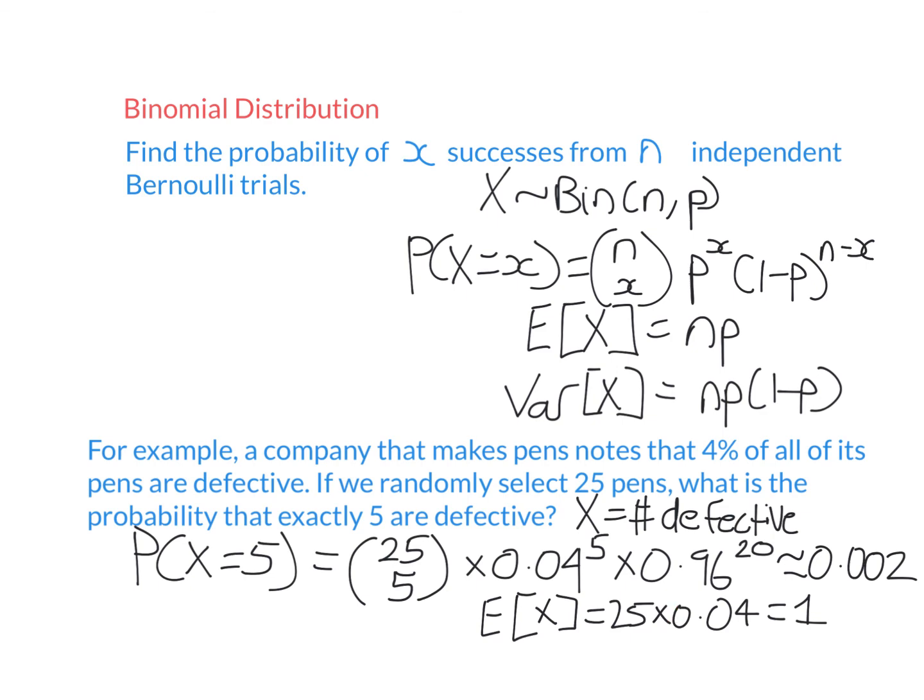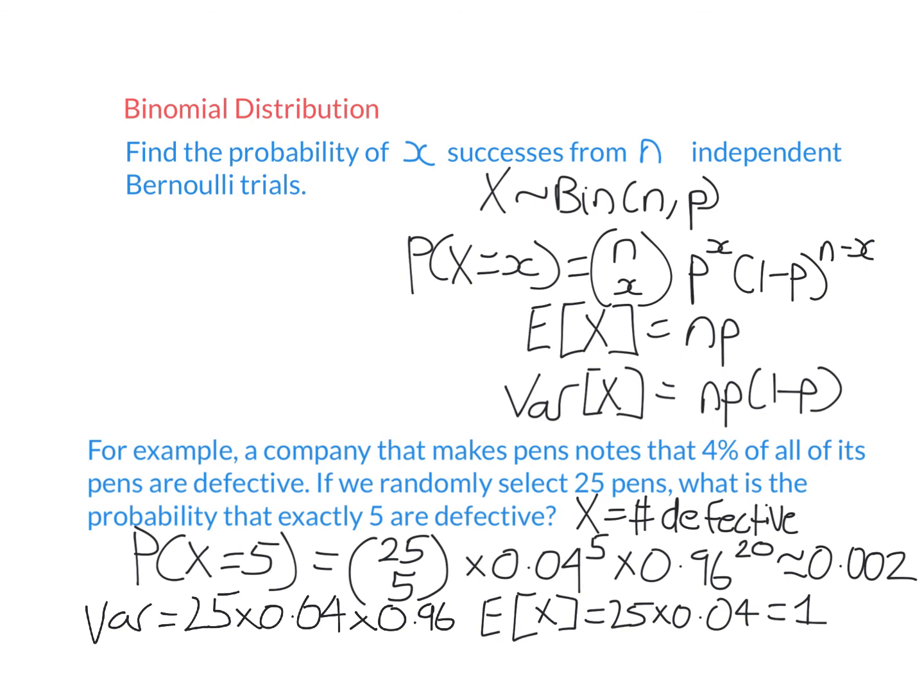For this one, the variance would be n, which is 25, times 0.04, so that's the same as the expected value, except you then multiply by the probability of failure on each trial. Here, picking a defective pen is like a success on each trial.